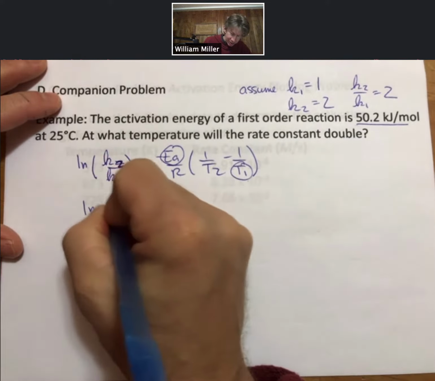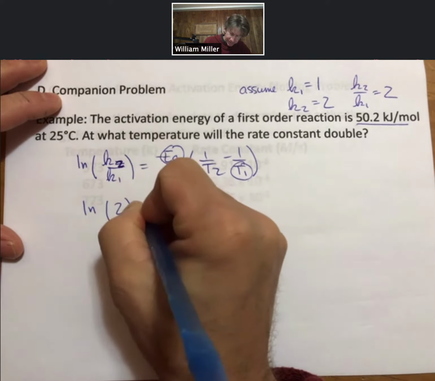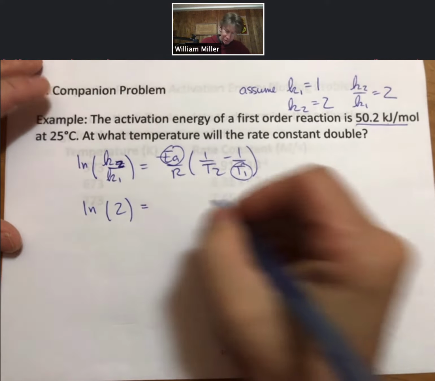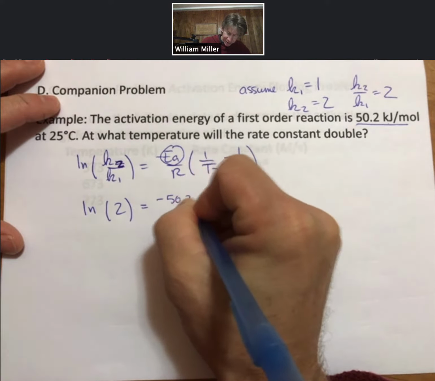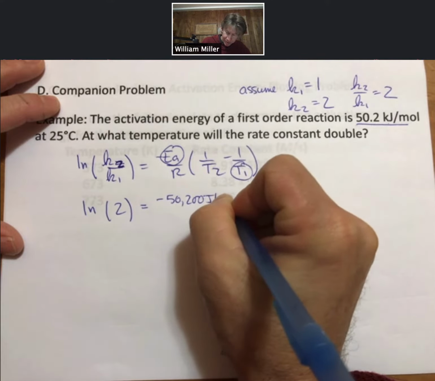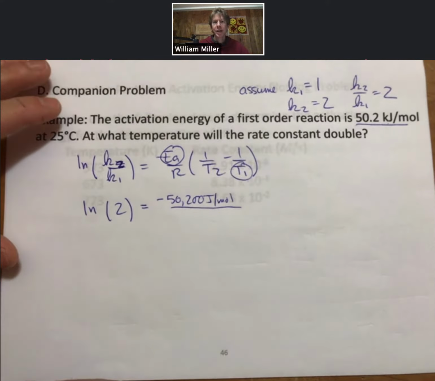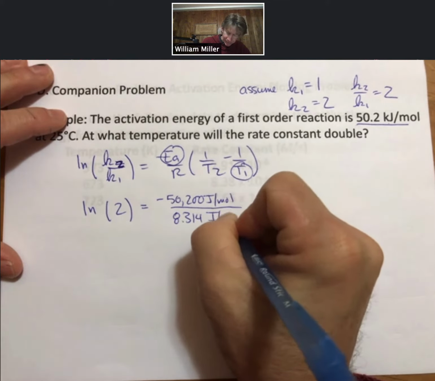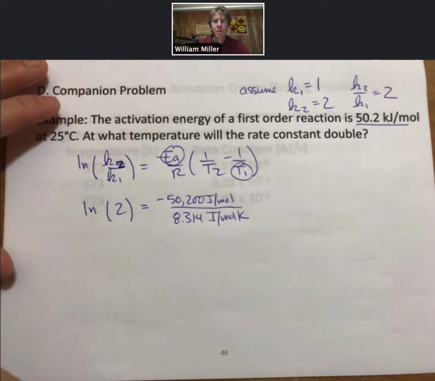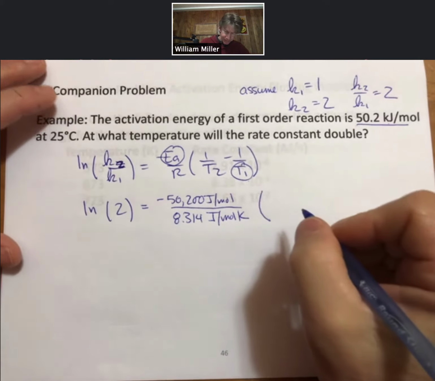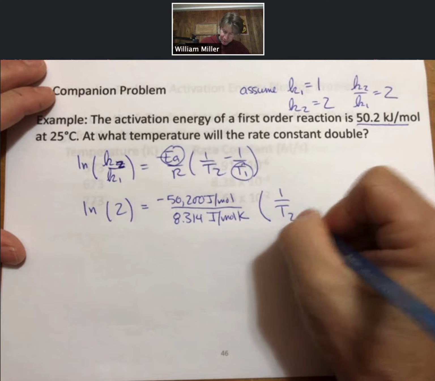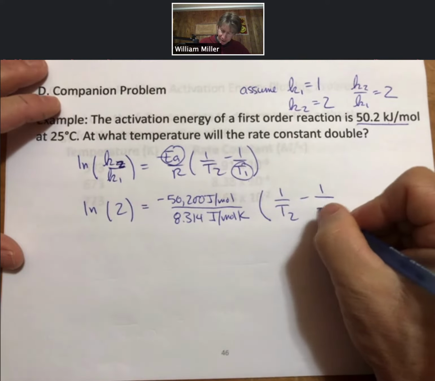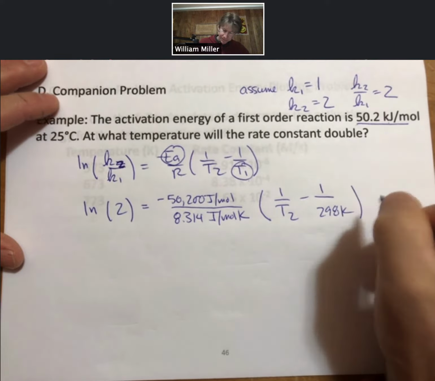So natural logarithm of 2 equals, plugging in all my numbers, converting this to joules, it's going to be 50,200 joules per mole over 8.314 joules per mole Kelvin, times 1 over T2 minus 1 over T1 in Kelvin, 298 Kelvin.